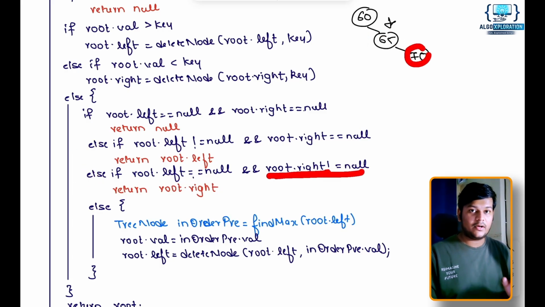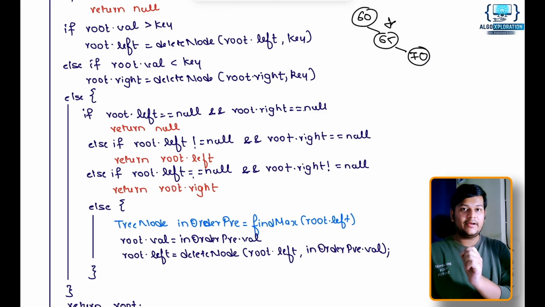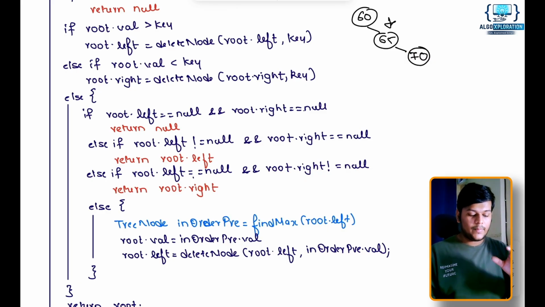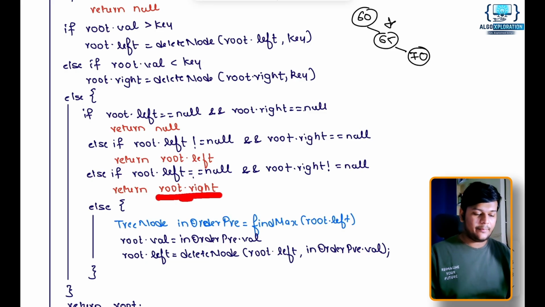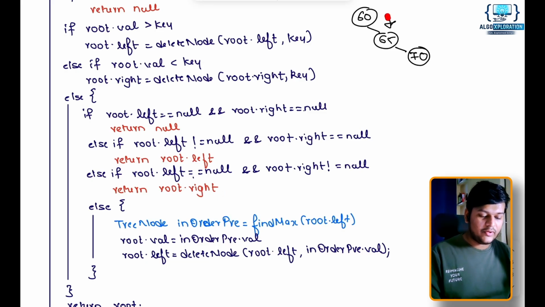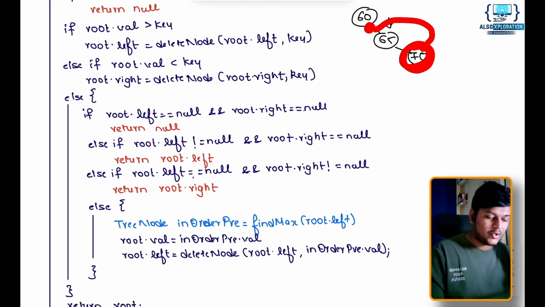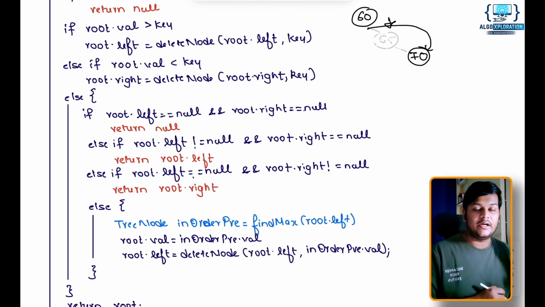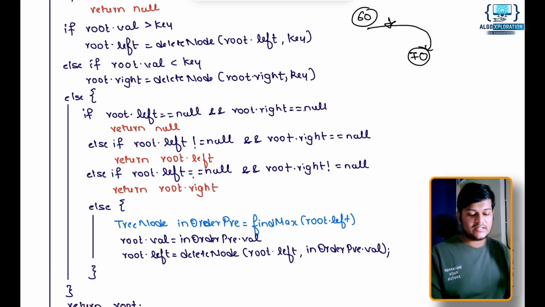Yes, it is not null because 65 is holding the address of 70. So I will be passing root.right to its grandparent. If I'm standing over here, root.right means the address of 70, so the address of 70 will be passed over here. It means that 60 will connect with 70 and this will be deleted. So here you can see that 60 is now connected to 70. In this way it is happening.